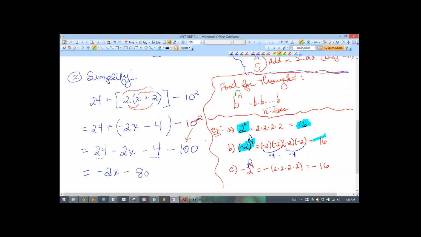Of course, that's positive 16. And then C, I would say this: the opposite of 2 to the 4th power. So the opposite of what? 2 to the 4th power. And that's exactly what I wrote. I did the opposite and then 2 to the 4th power here. So it is negative 16, right?